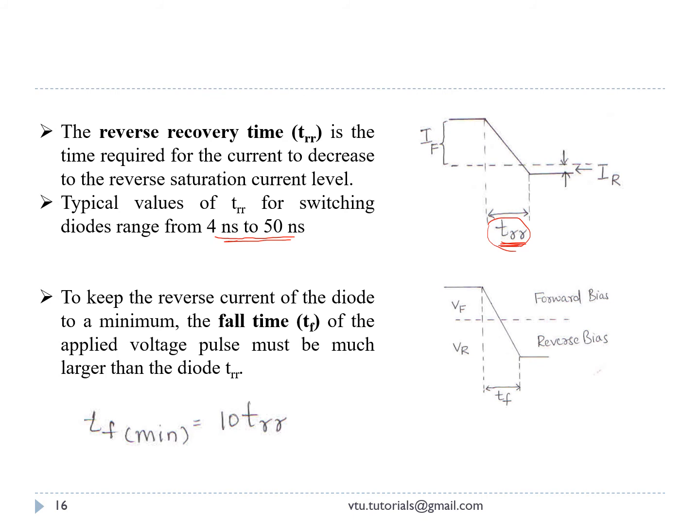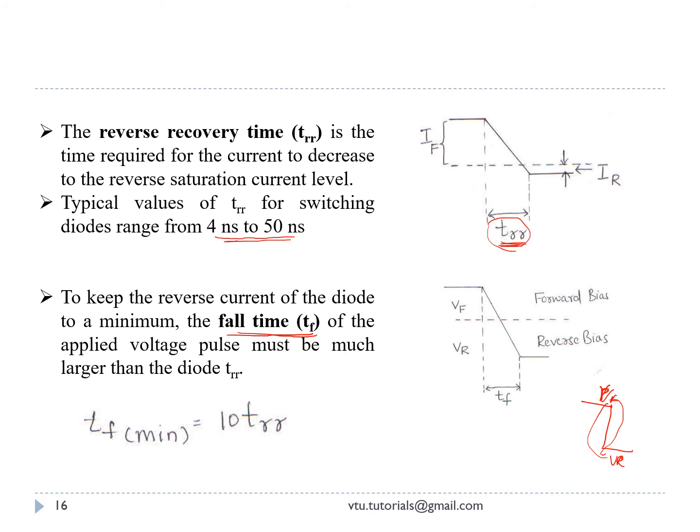One more parameter that is essential to maintain proper biasing is the fall time. This fall time is the time taken for the voltage to drop from the forward voltage to the reverse voltage, right? This time should be considered here to have proper biasing.